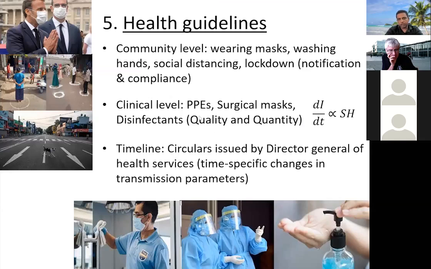At community level this case is also there. We can wear a mask, but who can assure the quality of the mask? Who can assure their behavior with the mask? Sometimes people do not wear the mask properly. So these kinds of things are also important in parameterizing the contact rates.